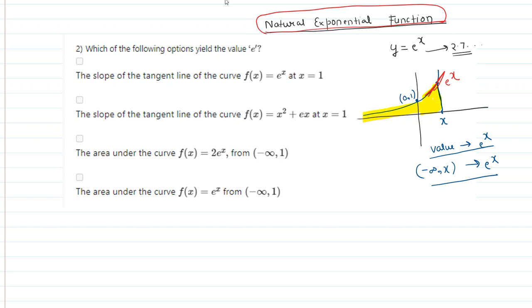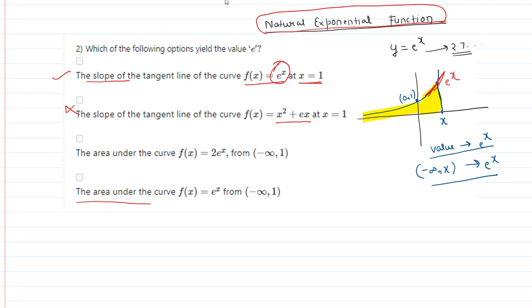So let's see the slope of the tangent line of the curve f(x) is equal to e^x at x is equal to 1. This is the slope. All right, and this is correct, this is incorrect, so this is not the slope.